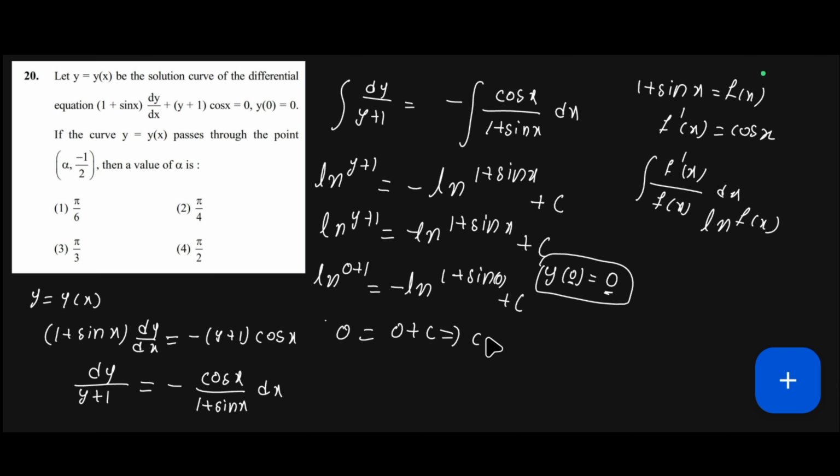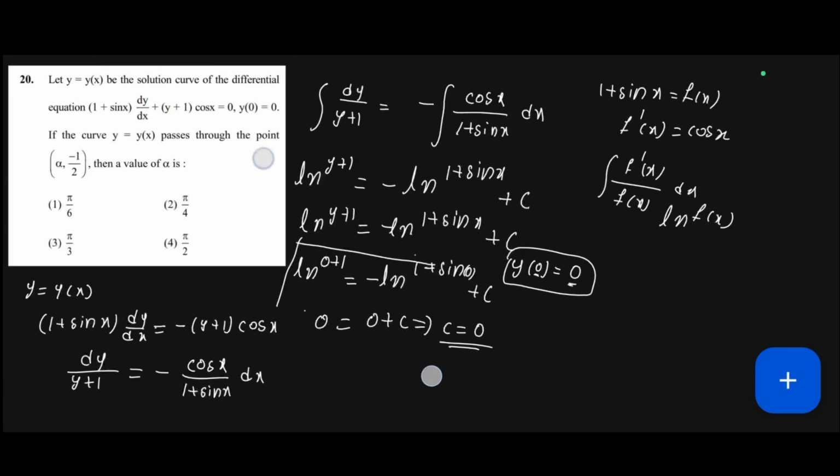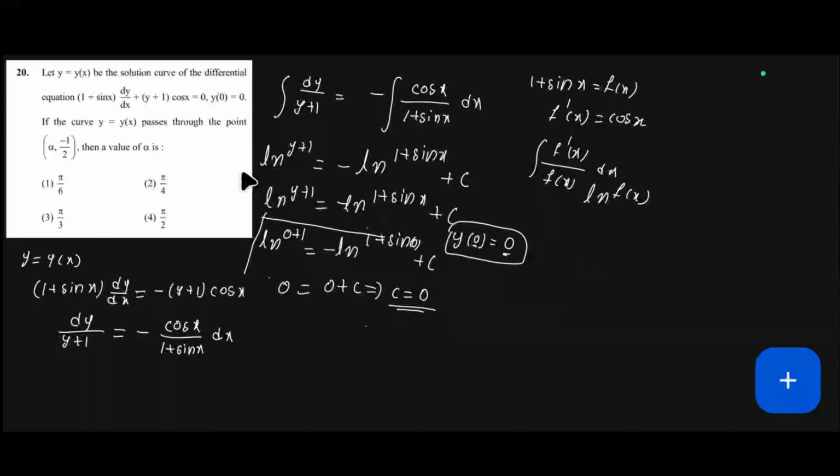So c is equal to 0, constant value 0. So ln of (y + 1) is equal to minus ln of (1 + sin x), so ln of (y + 1) is equal to ln of (1 + sin x) whole inverse, means 1 by (1 + sin x).